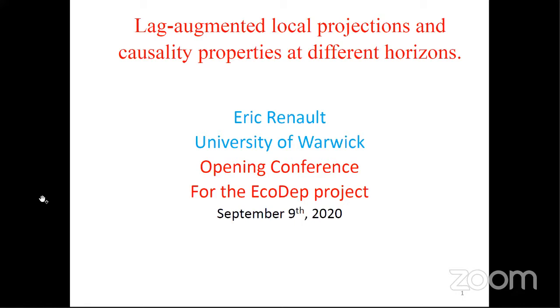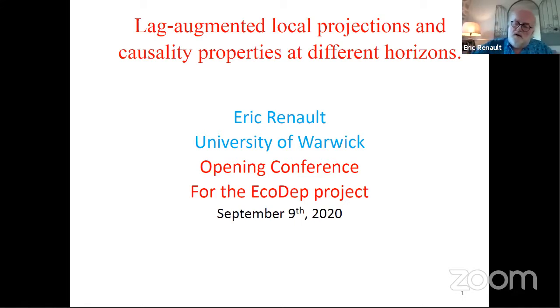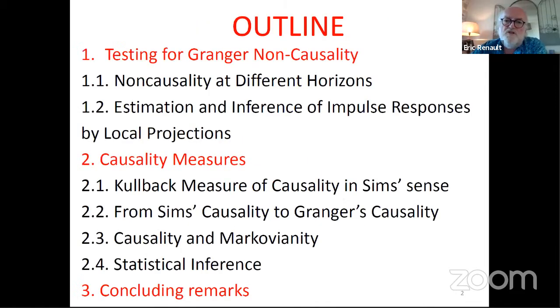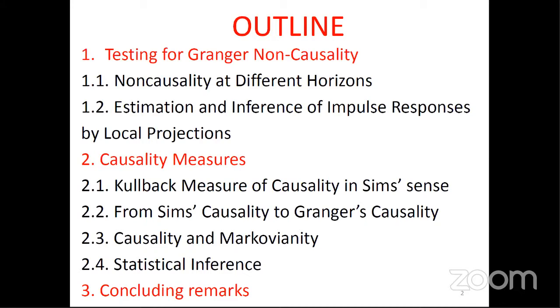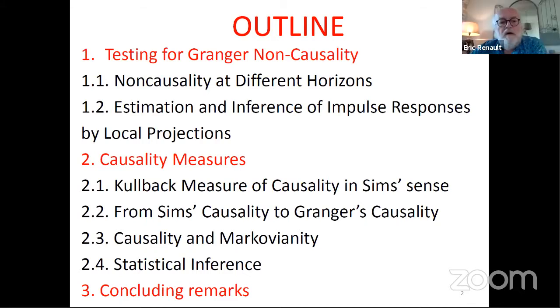Okay, so thank you for the invitation. I'm going to talk about causality, as you said, and in particular the several meanings of lag augmentation. I will organize my talk in two parts. I will first talk about testing for Granger non-causality.